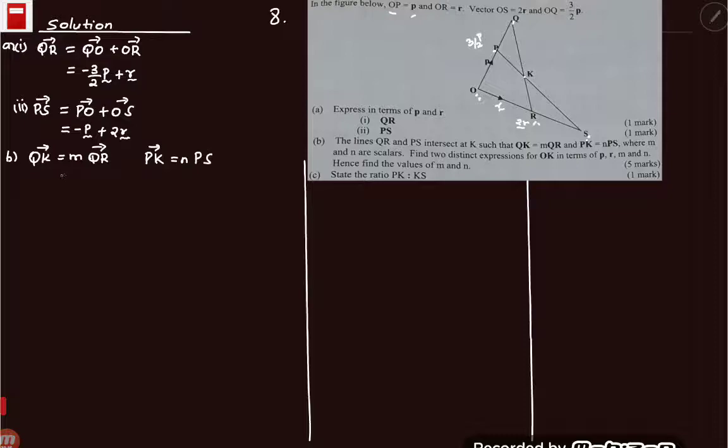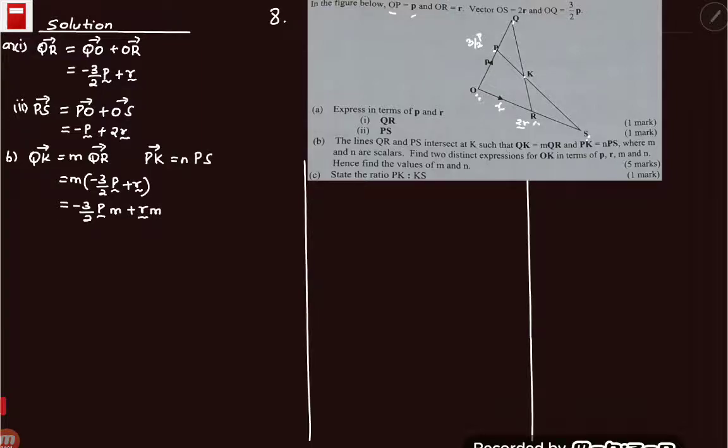We know the value of QR, so M times QR is M times negative 3/2 P plus R. If we open the brackets, we will have negative 3/2 PM plus RM.